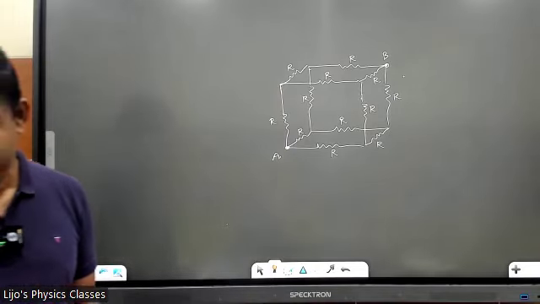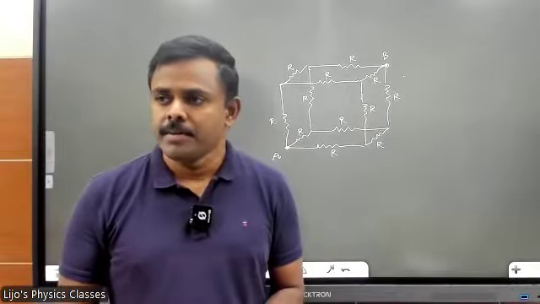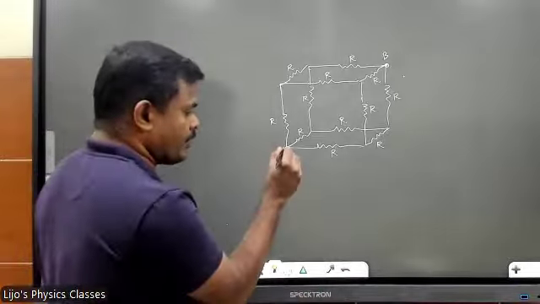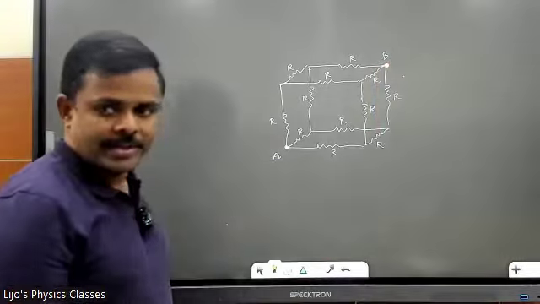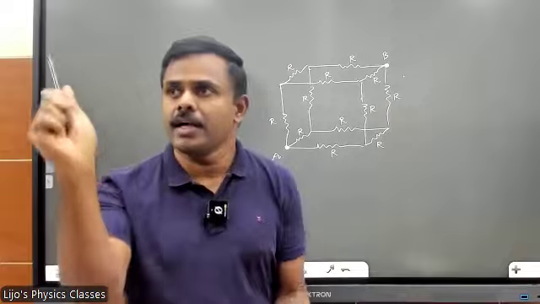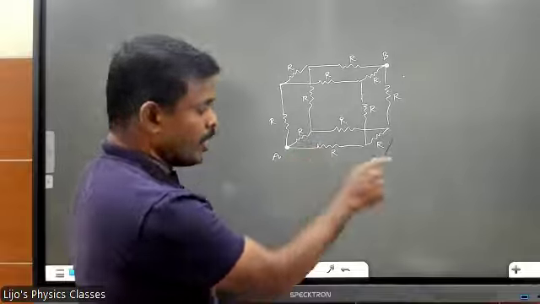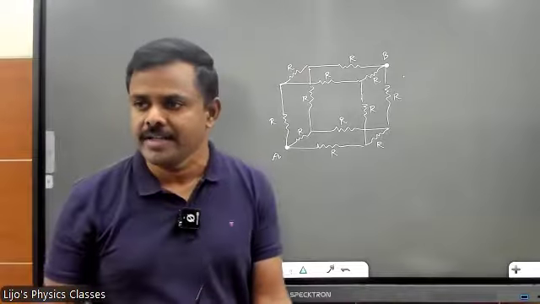So what is the question? We have to find the effective resistance between A and B. This is one corner of the cube, and this is the opposite corner of the cube. There are 12 edges, right?